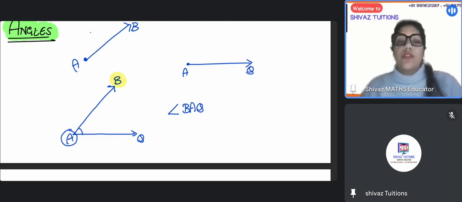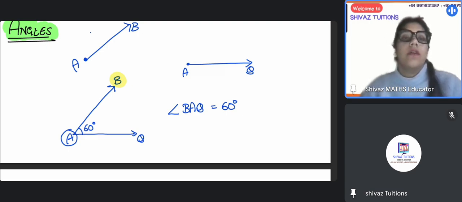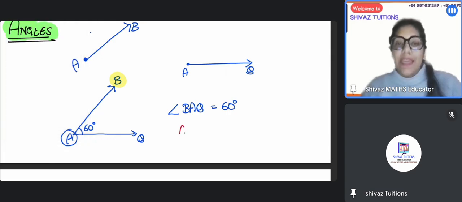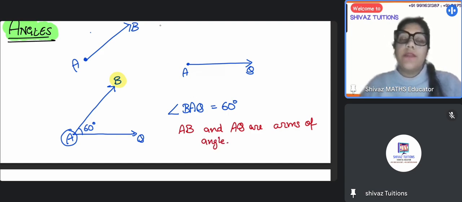Now let's say it measures 60 degrees, so you can write angle BAQ is equal to 60 degrees. Okay, so when two rays meet, we have an angle formed. And if I talk about the arms, AB and AQ are arms of the angle. Let me write one more thing.